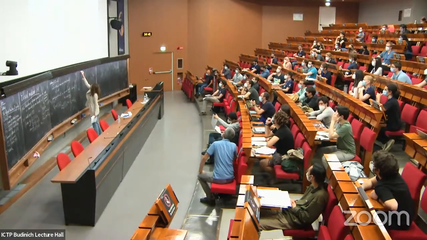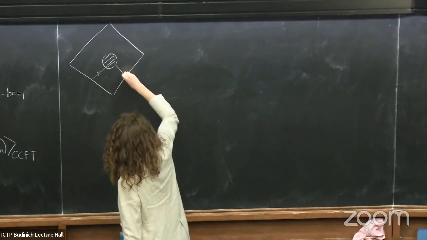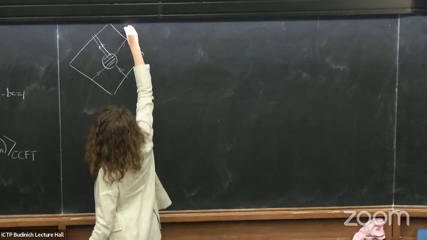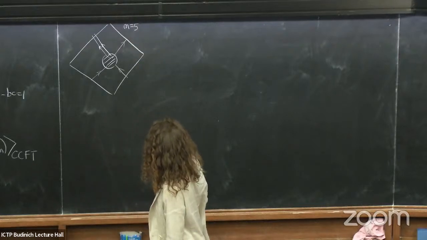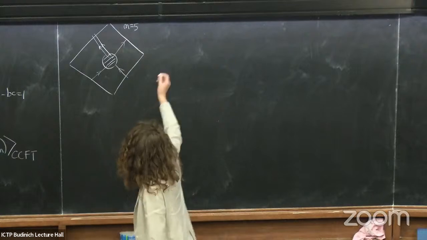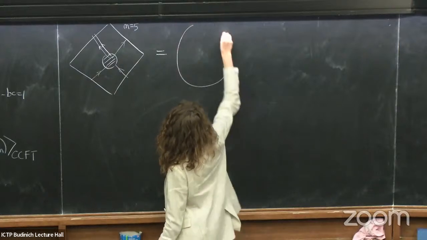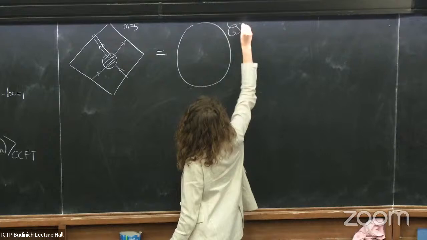So basically, the usual drawing that people do is that if you have a scattering process involving n particles, here n equal to 5, you will reinterpret this as a correlation function, as insertion of operators.